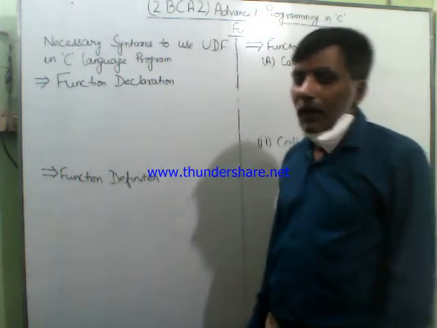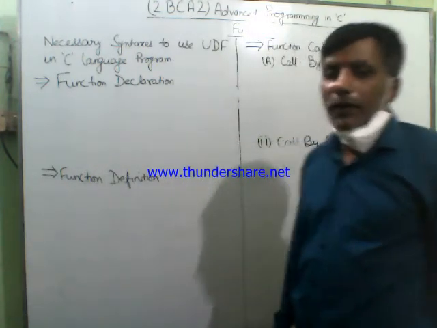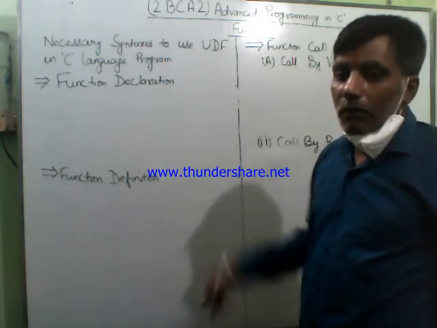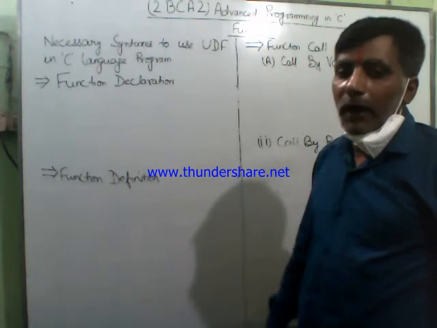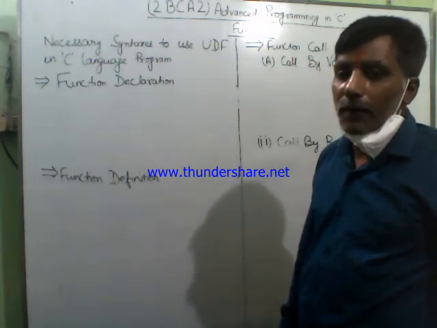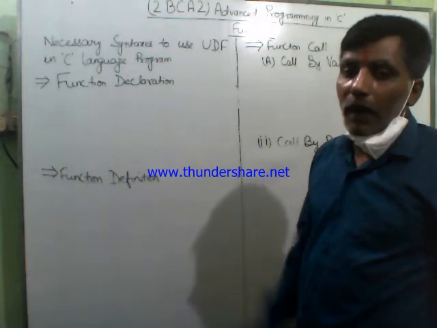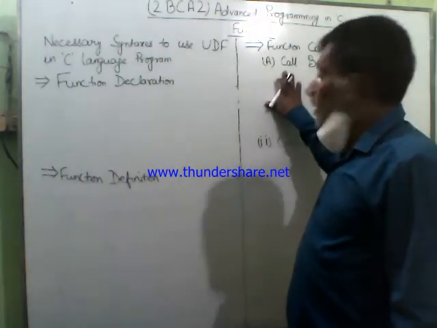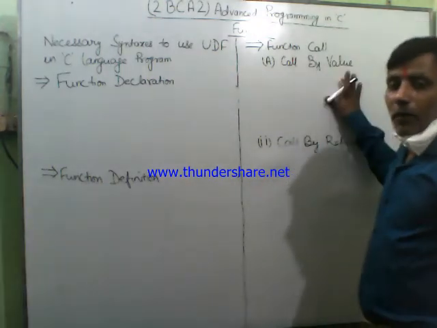Hence, I am first going to teach you the necessary syntax to call and to declare and to define a user defined function in the program, but I will use the method of call that is call by value.